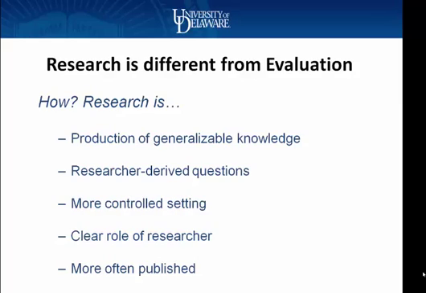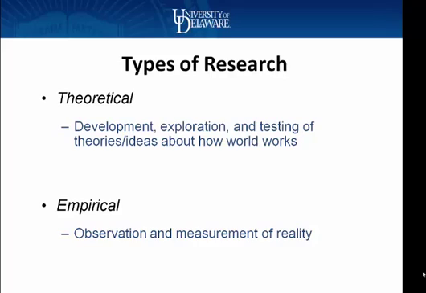You really have to control other environmental and external factors so that you can ensure that what you found, there is a relationship between the health outcome in your population. And one way to do that is to control other factors around you. There's a clear role of the researcher, and like I mentioned, research is most often published compared to evaluation.